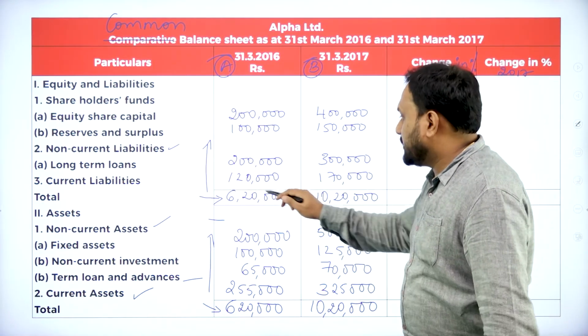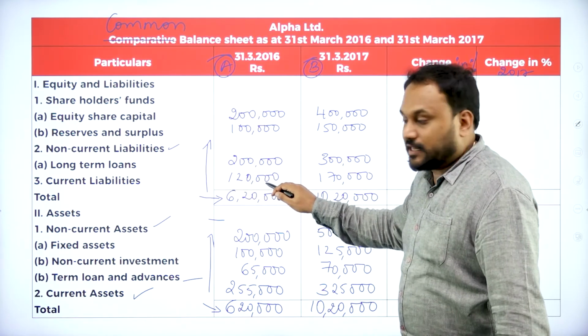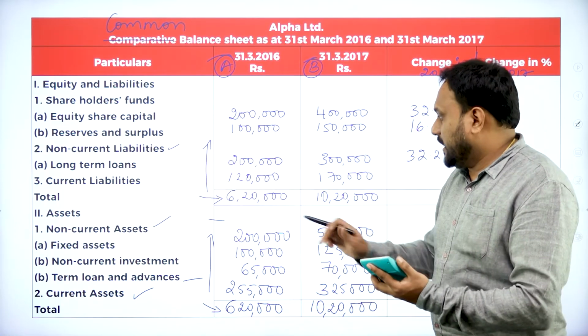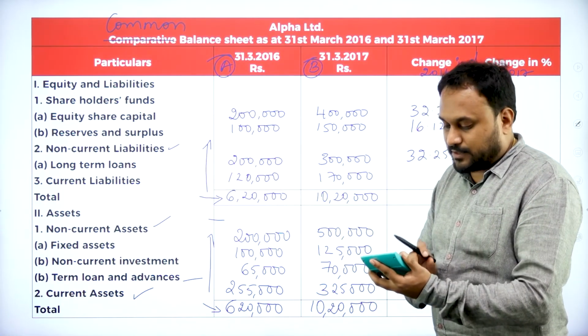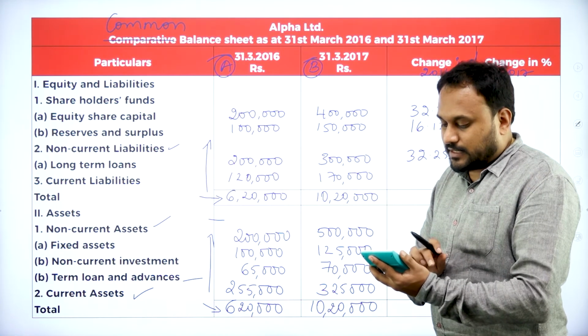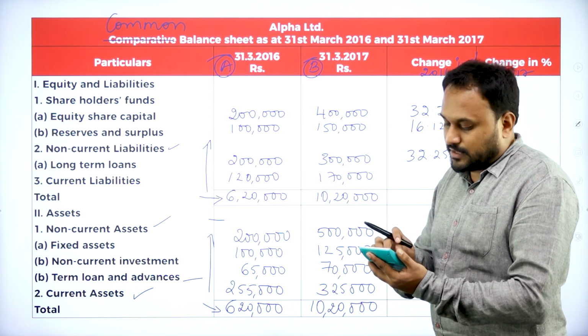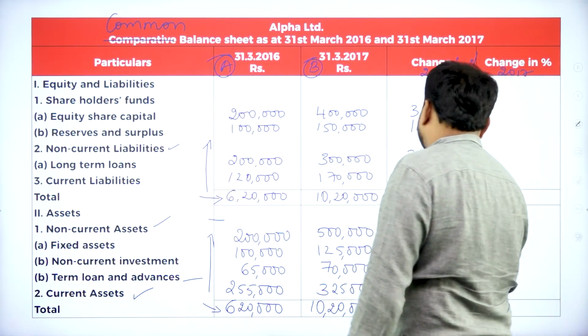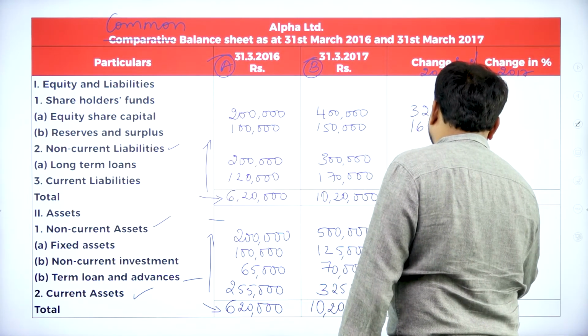Next, we get 1,20,000 divided by 6,20,000 into 100. Now we got 19.35, so we write here 19.35%.